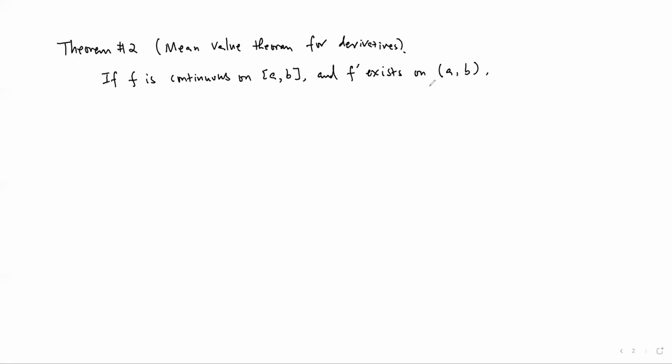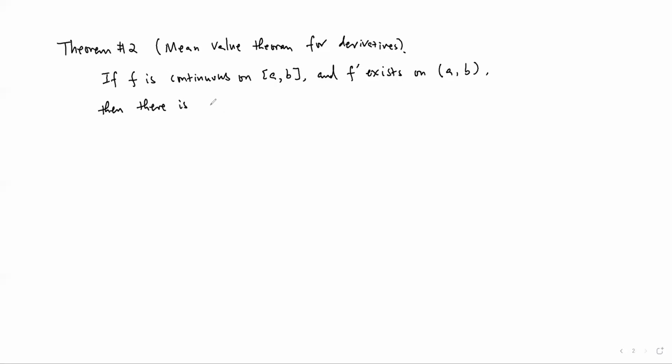The second condition says that the graph has no corner. In other words, smooth. Then, conclusion.